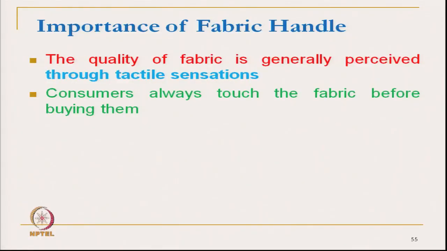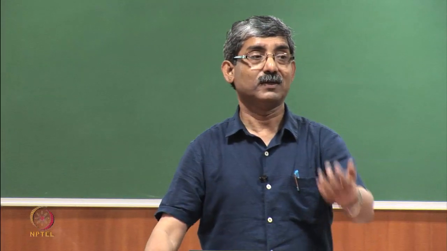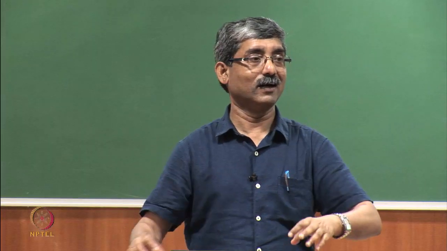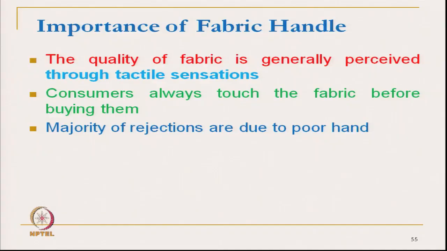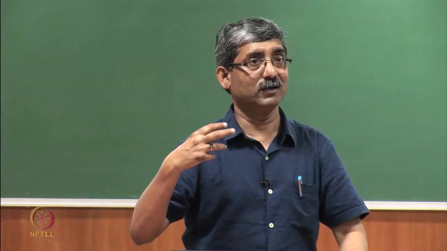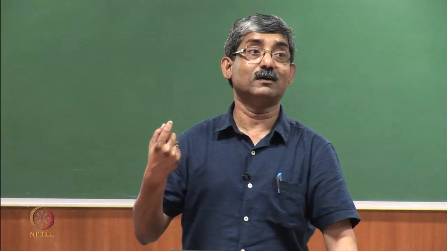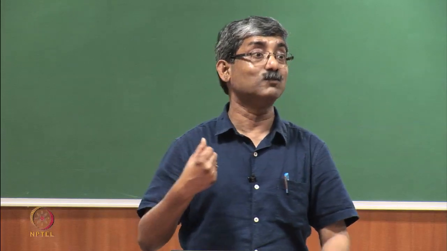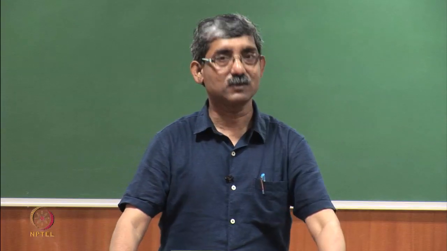The consumer always first touches the fabric before buying. Many fabrics are rejected even if they are fine in color, size and design, because if the tactile sensation is poor we normally do not purchase, since it will give unnecessary discomfort.